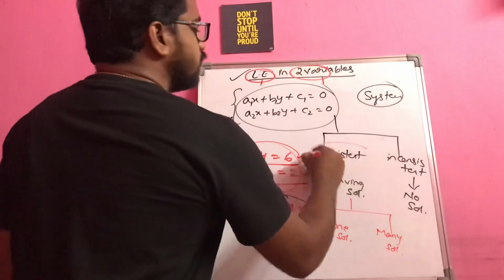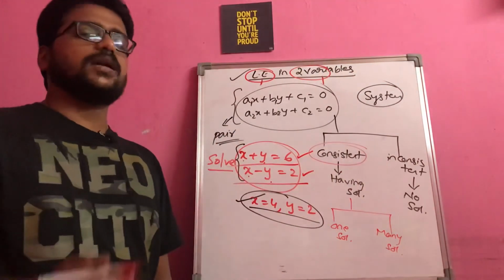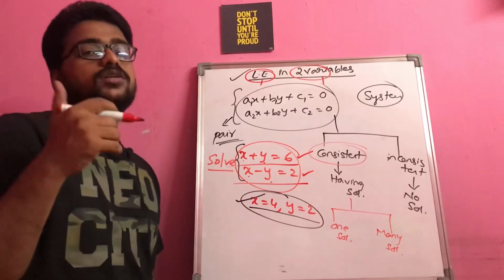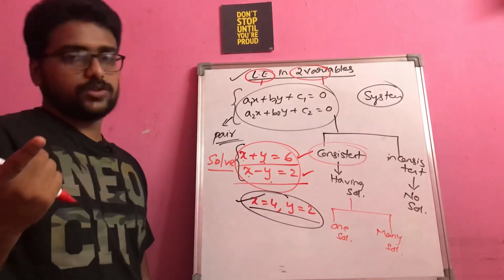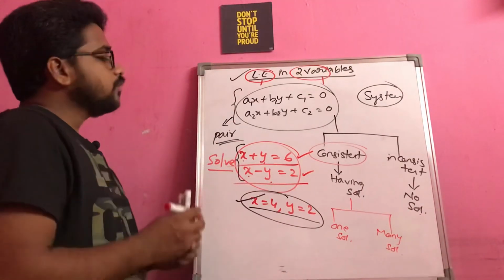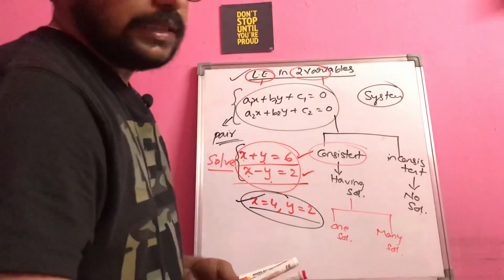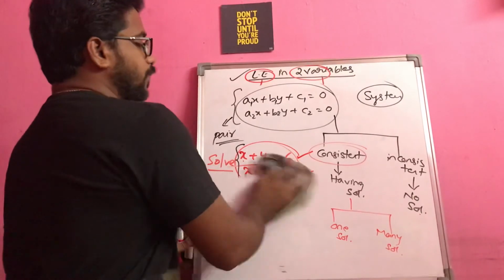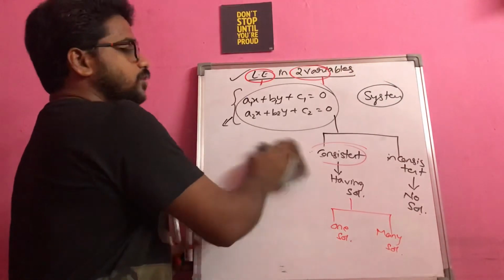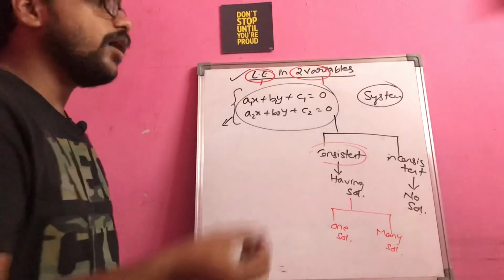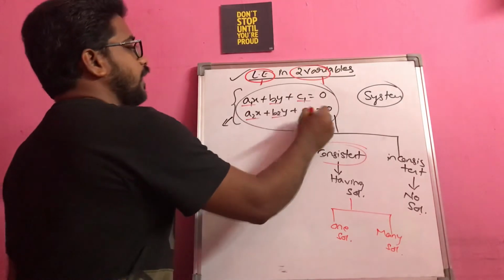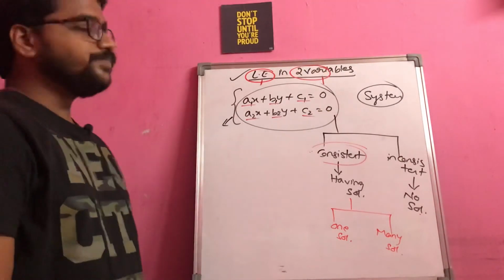So for a consistent pair of linear equations, is the solution only one or many? That is the question. And for no solution, you won't have any cases here. So they developed a simple method of identifying whether a set of equations results in one solution, infinitely many, or no solution, based on the coefficients of x, y as well as the constants.